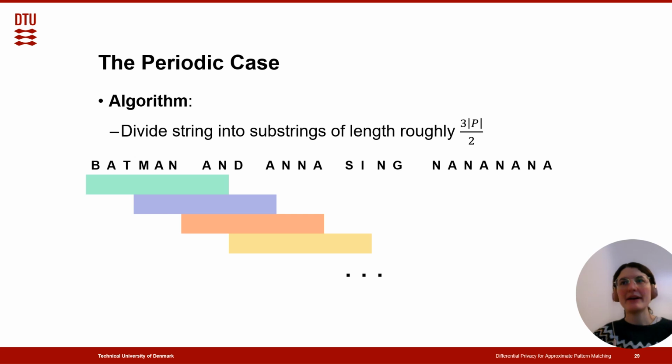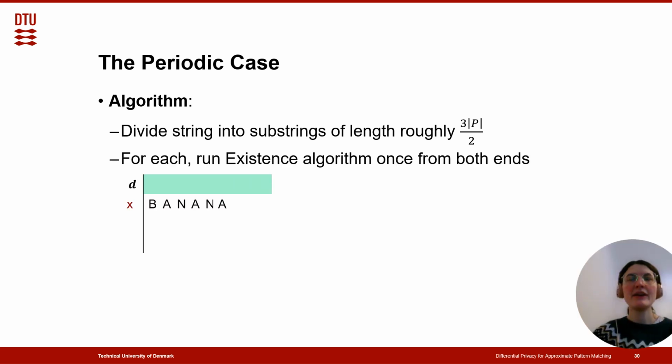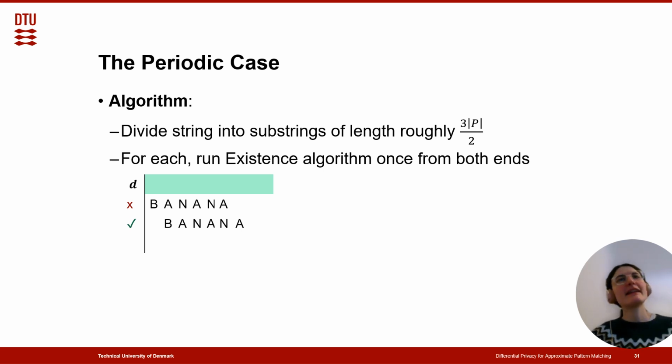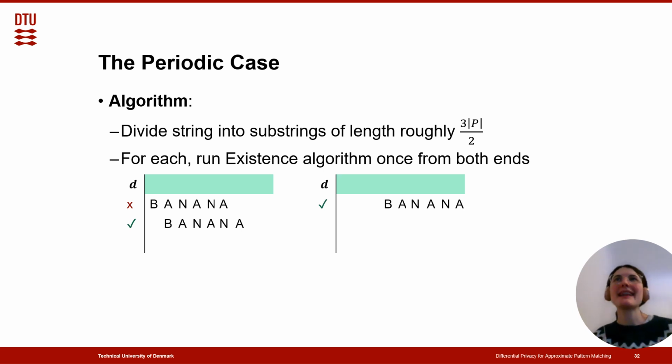So next I'll describe our algorithm for the periodic case. We start by dividing the string into substrings of roughly length 3/2 times the length of P. And we consider each of those substrings as a separate subproblem. For each of these subproblems, we run the existence algorithm, once from left to right, until we find a close occurrence, and then we stop. Then, as the next step, we scan from right to left, and stop if we find a close occurrence.